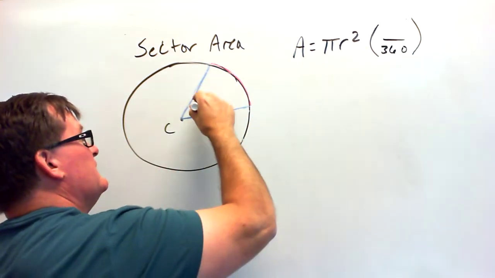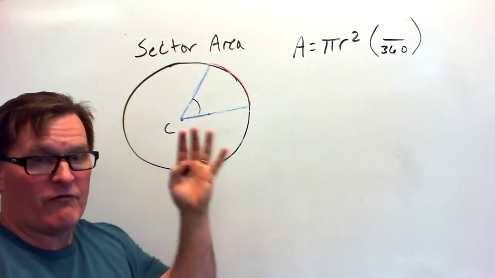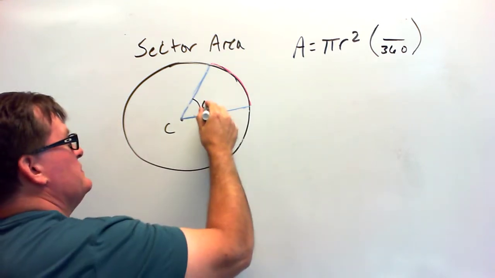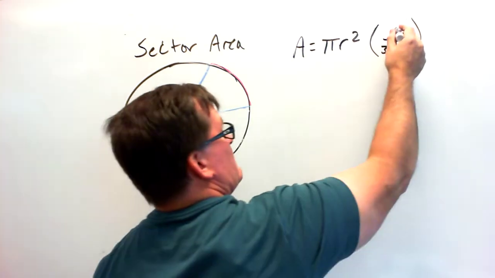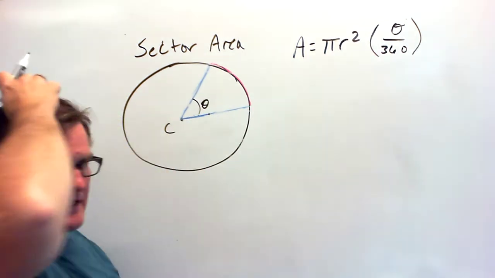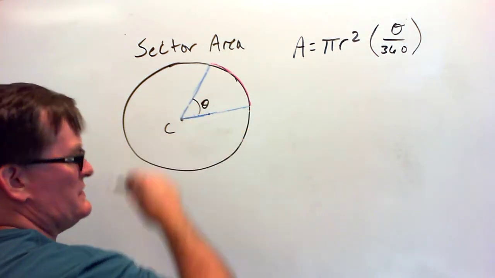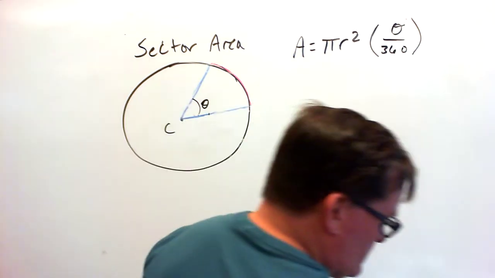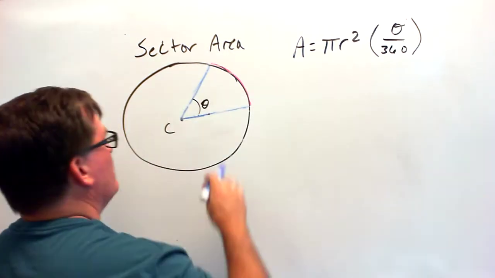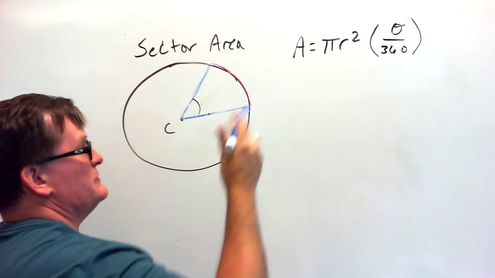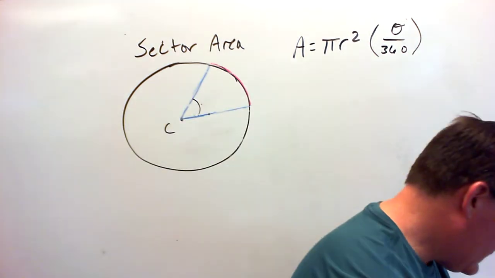So how many degrees are represented in this small fractional piece? And that's usually, we use a symbol theta. We use other symbols for angles, but a common one in formulas like this is theta, which represents an unknown angle. Fortunately, we know an angle for the problems we want to work out, so let's just jump into it and work a couple of examples.